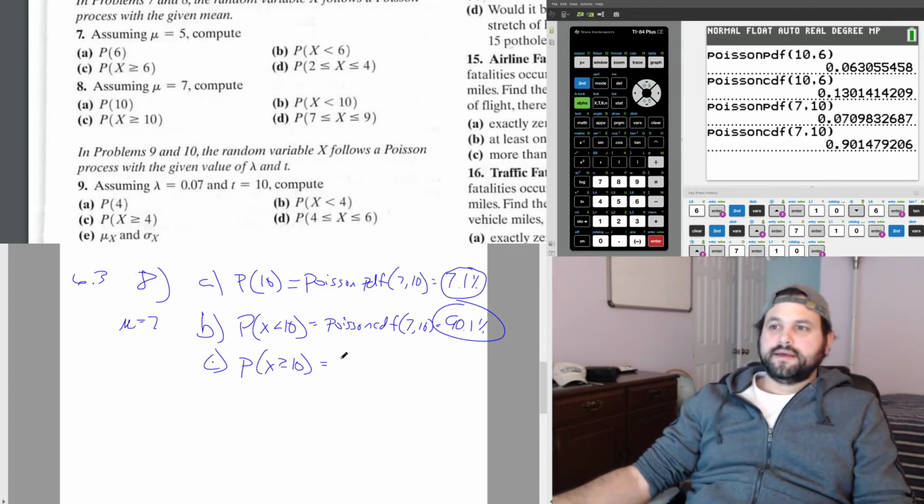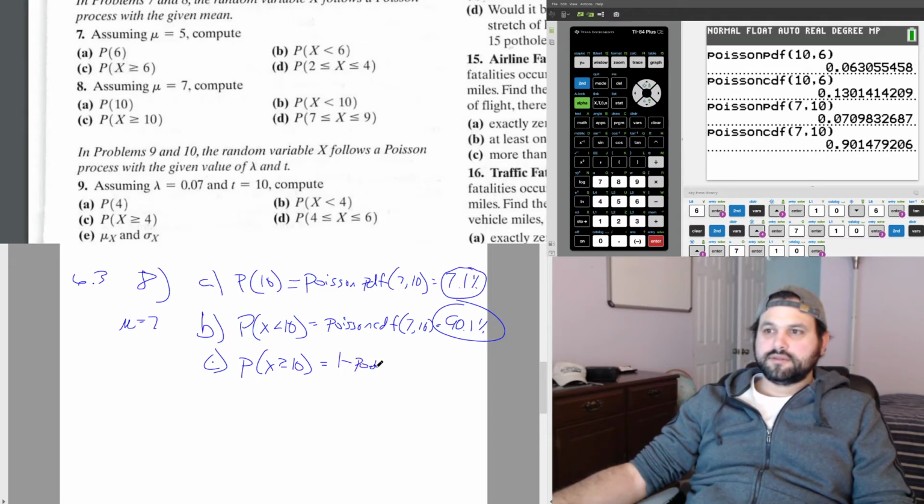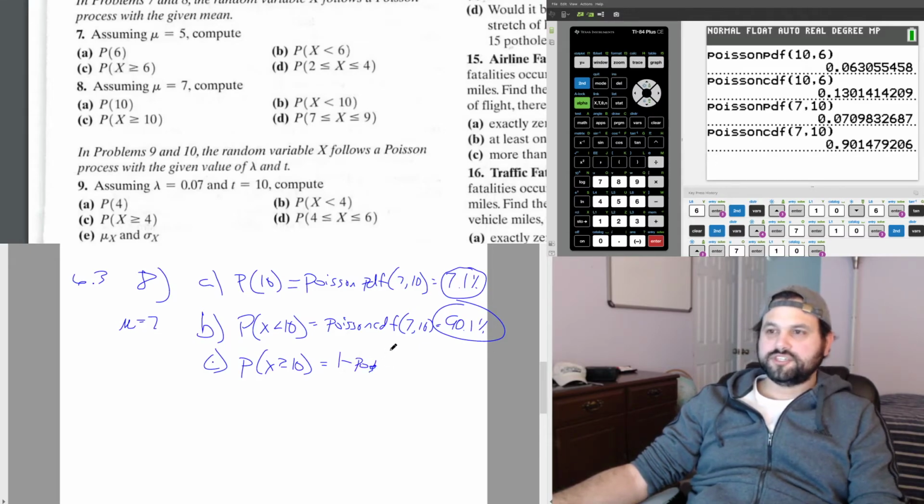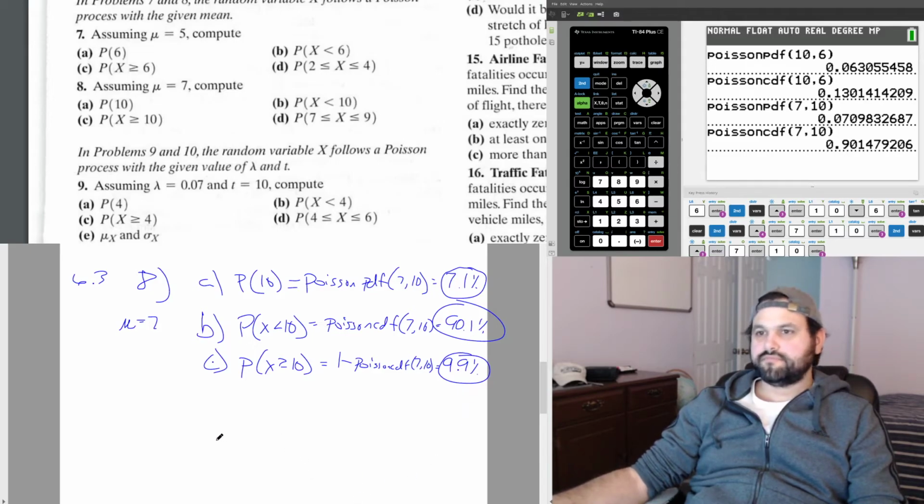Well, that's going to be 1 minus the CDF, the one that we just did, right? So 1 minus Poisson CDF of 7, 10. And so what's the other percent there? Looks like 9.9%. Right? Fill that out, make it 100.